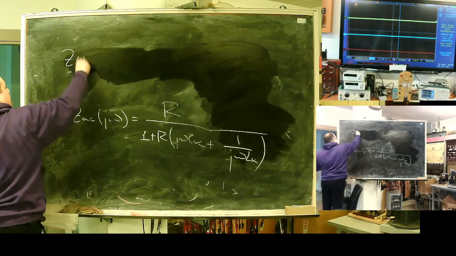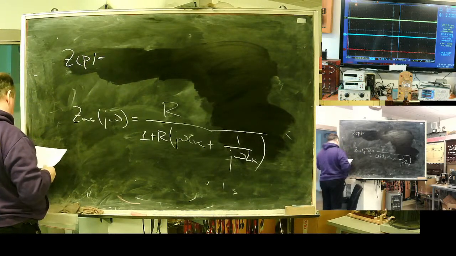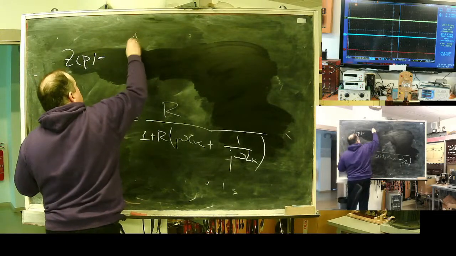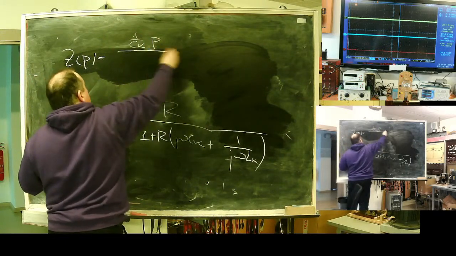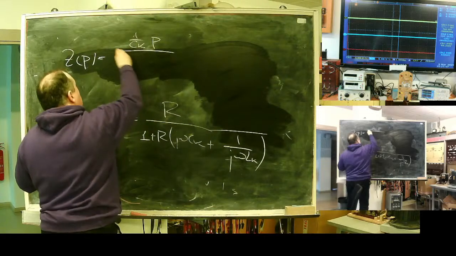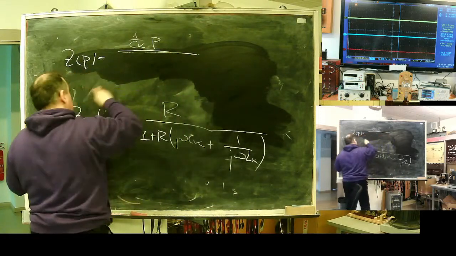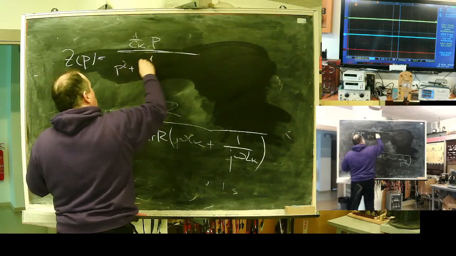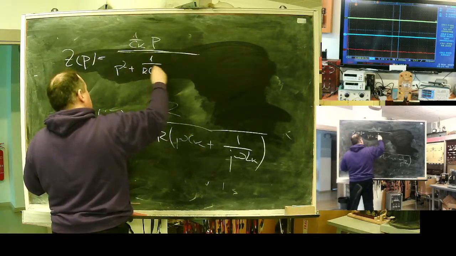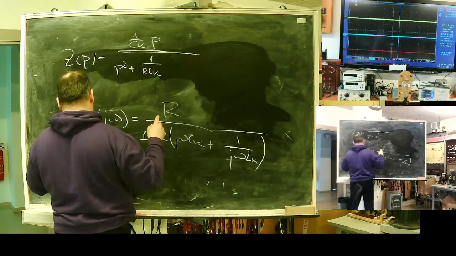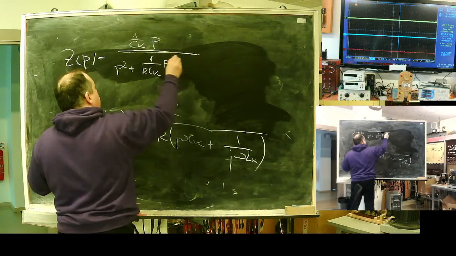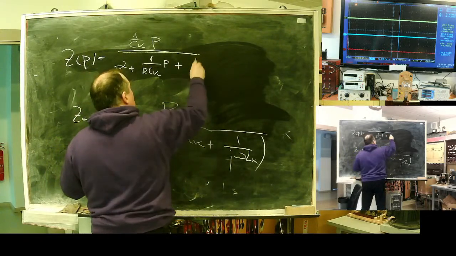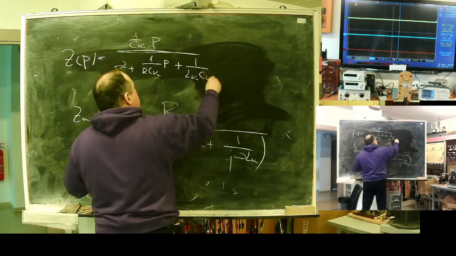So it will be 1 divided by p divided by p squared plus 1 over L k p plus 1 divided by C k.